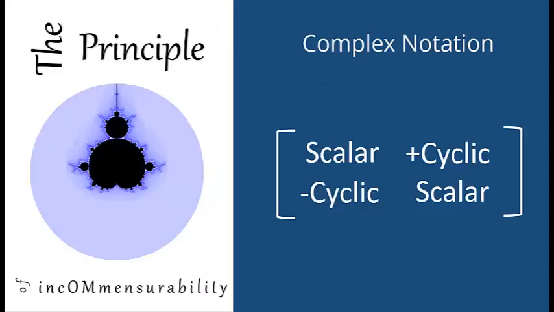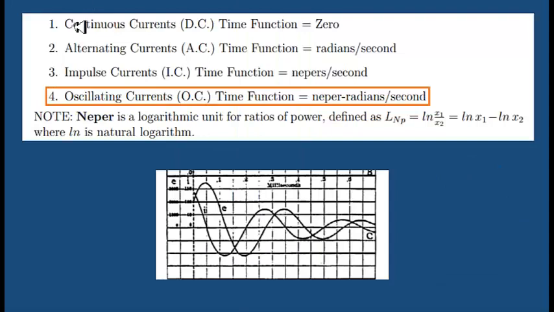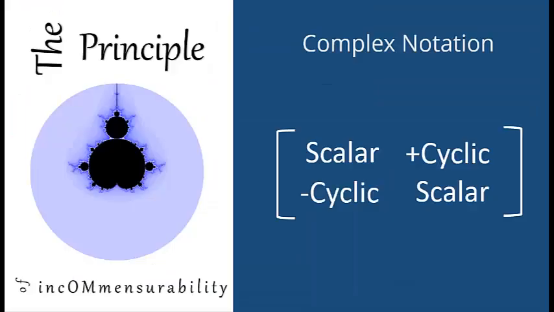So next, what I'm going to do, or at least try to do, is to put these different types of currents into my complex notation, which is related to the principle of incommensurability. This is just a sketch of the complex notation.